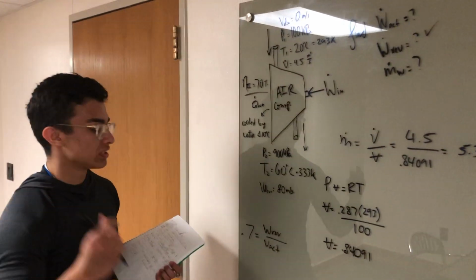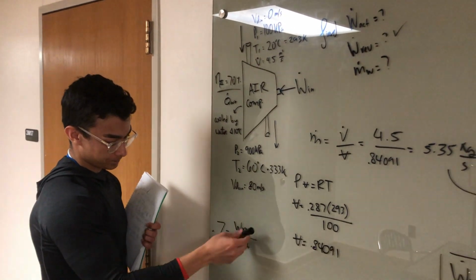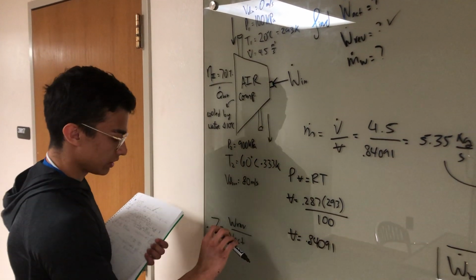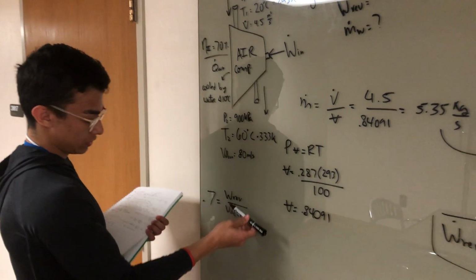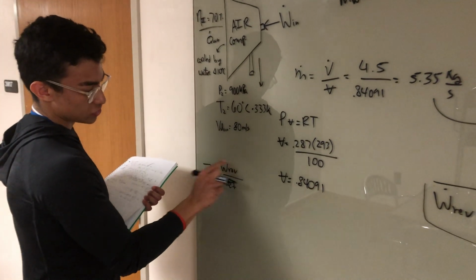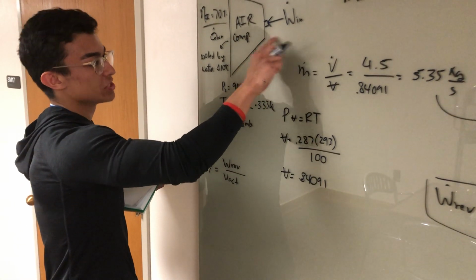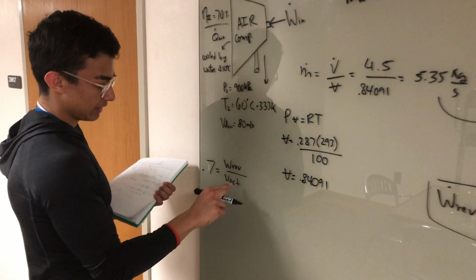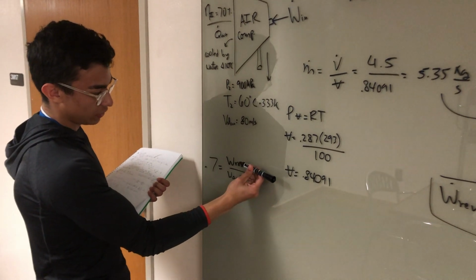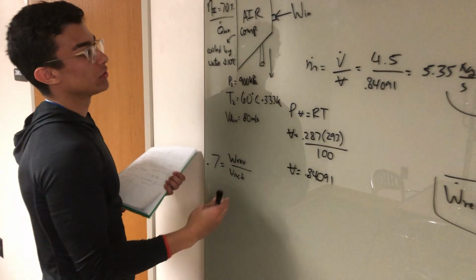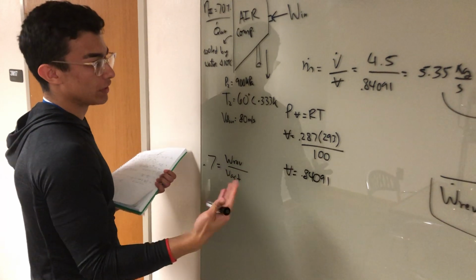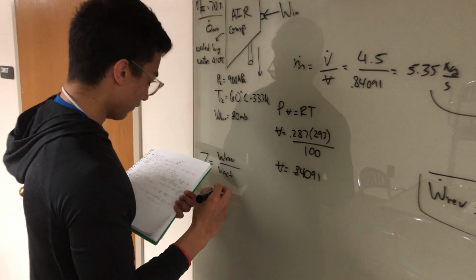And you can think about this logically because you want a number below 1 to come in here. So your work reversible is going to be smaller because, ideally, in the ideal situation, you want the smallest amount of work possible to make this work. So in the ideal situation, you'll have the small reversible work, but in the real world, you'll have a bigger work going in to produce whatever results you want.